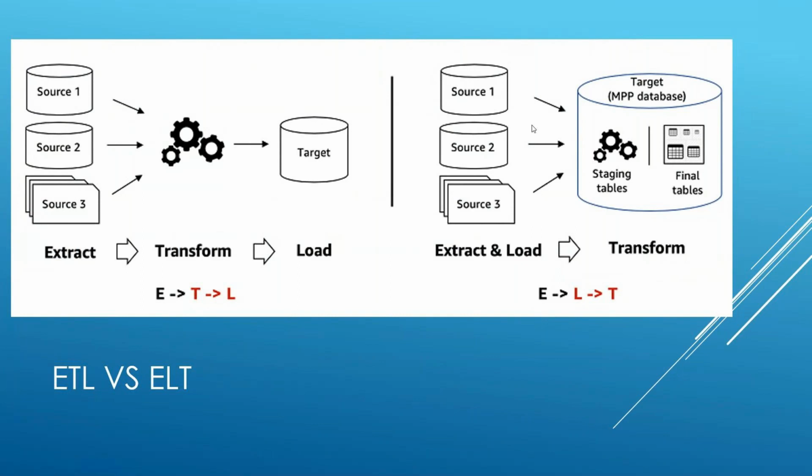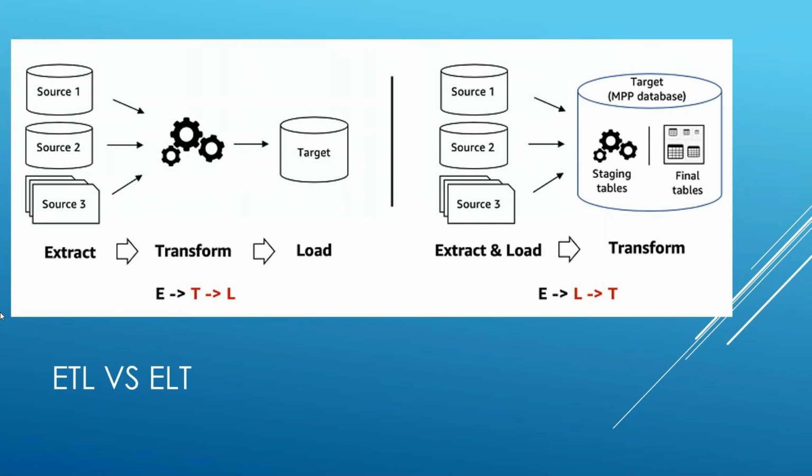So as I told you, what is extraction? Extraction is collecting the data from different sources. Transformation is the step that focuses on changing raw data from the original structure into a format that meets the requirements.